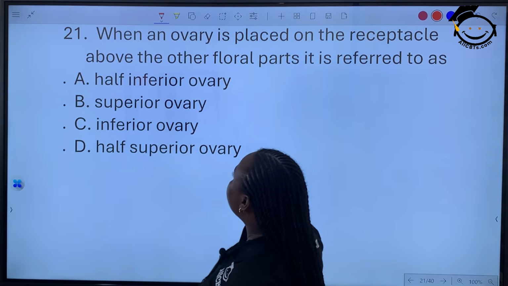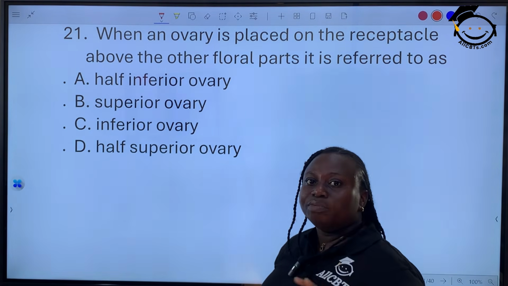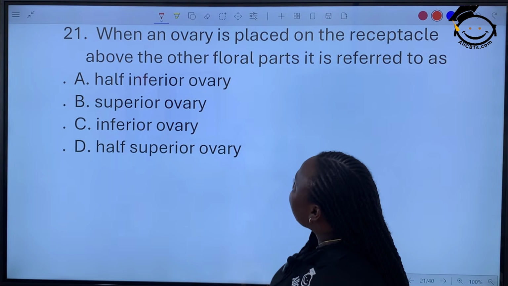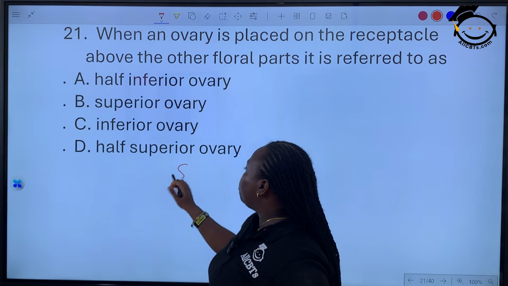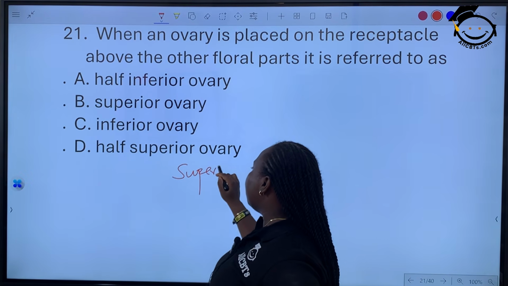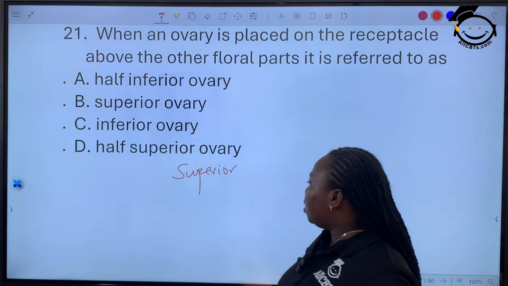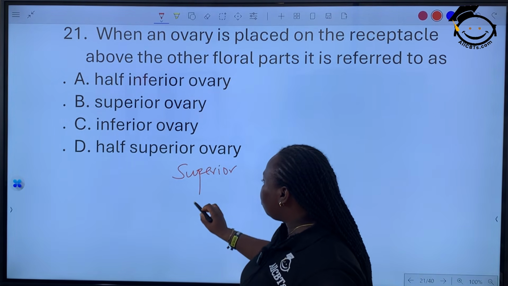Okay, let us draw. We have mainly 3 ways that ovaries can be arranged in the flower. Now we have superior. When the ovary is superior, what does it mean? It will look like this.